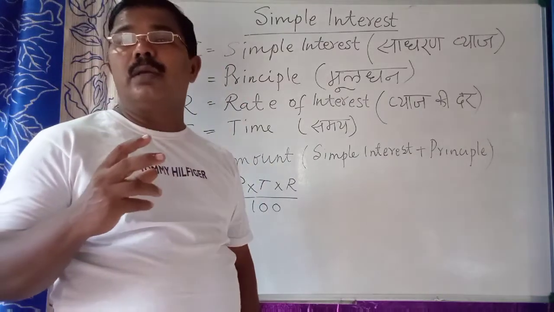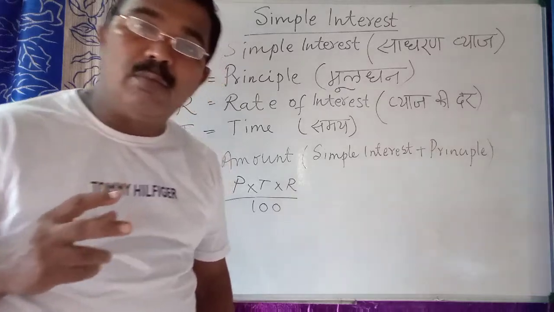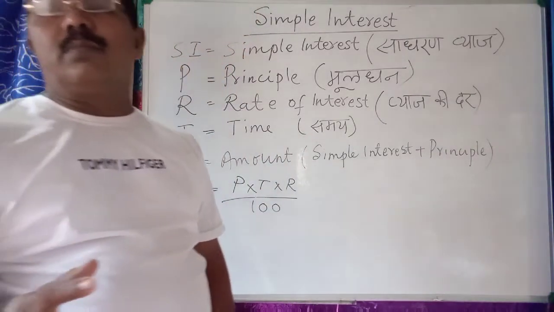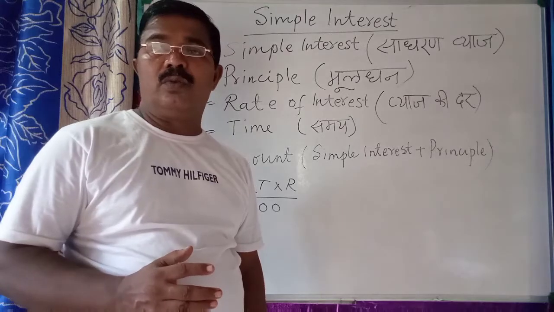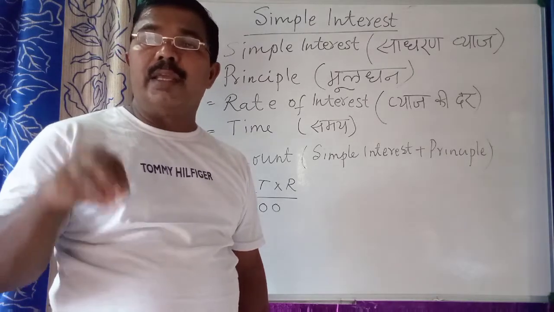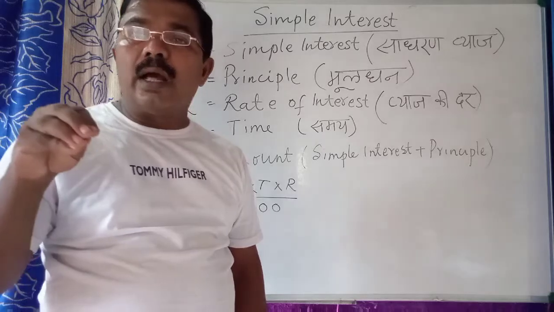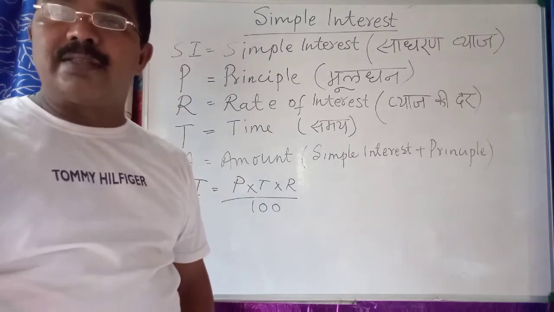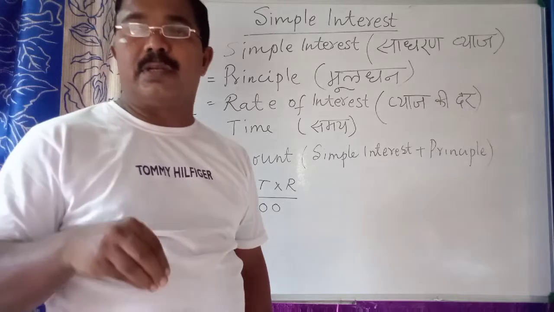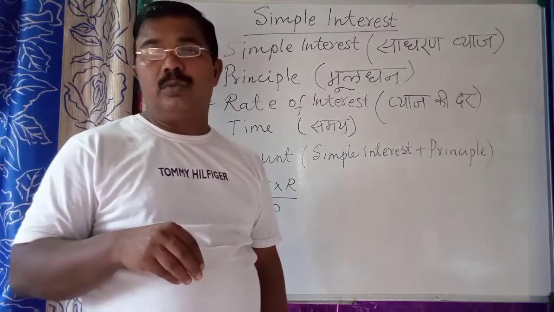This is called principal, यानी मूलधन. This principal is put in a bank and the bank gives some amount as a reward. It is the interest paid to you.